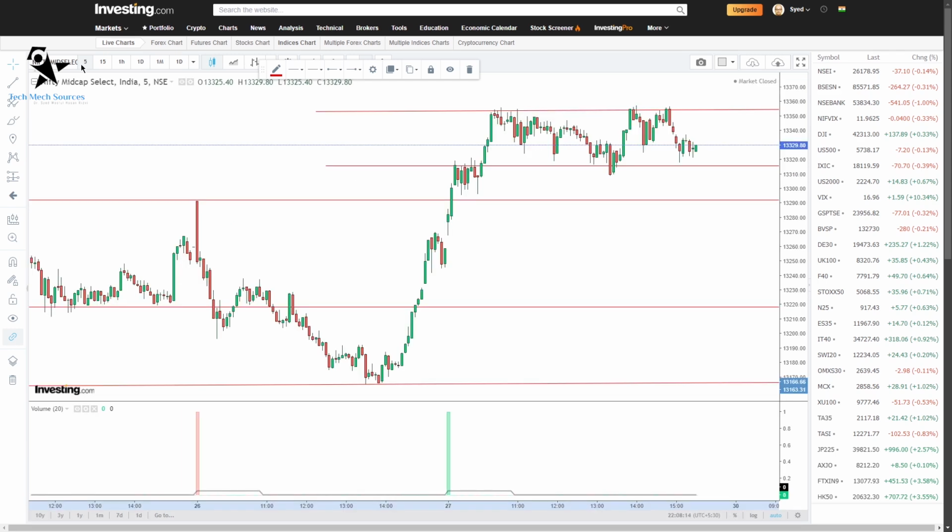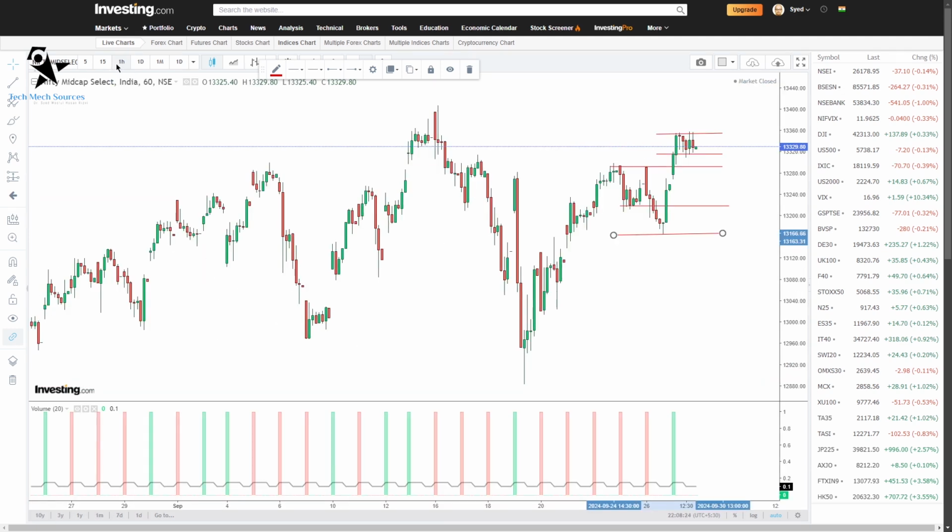Let us see the 5-minute chart. Still, we can see the supports and the resistances. They will be almost the same, but we are going to see on a higher note. Now, this is for 1 hour.